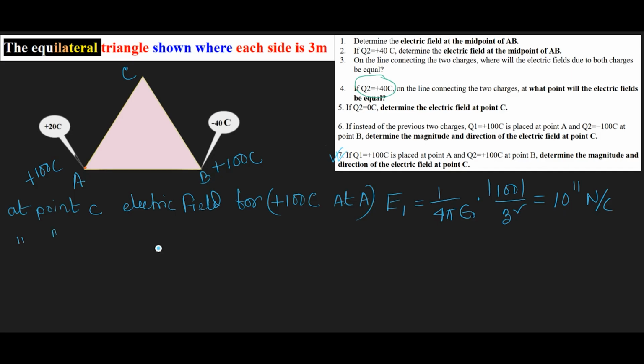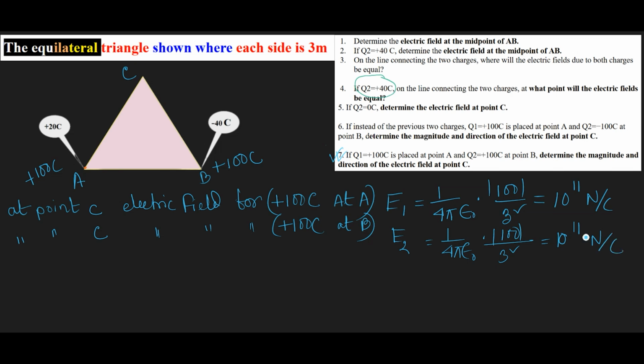Same at point C, the electric field for positive 100 Coulomb at point B, E2 equals 1 by 4 pi epsilon naught, here as well 100 inside the mod, obviously 3 squared, so the value will be 10 to the power 11 Newton per Coulomb.